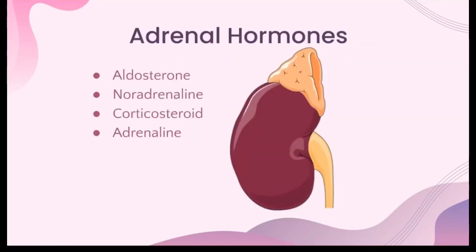Then we have adrenal hormones. So we have aldosterone, which regulates salt, water balance, and blood pressure. Noradrenaline, which causes many effects in the body, also known as the fight or flight response. We also have the corticosteroid, which controls functions of the body, is an anti-inflammatory, maintains blood sugar levels as well as blood pressure and muscle strength.